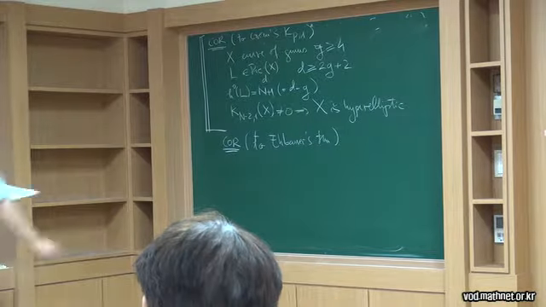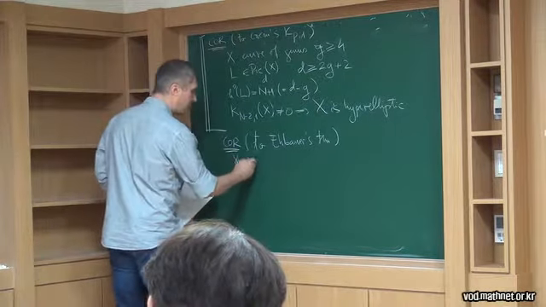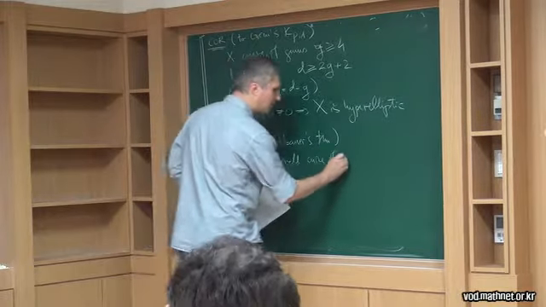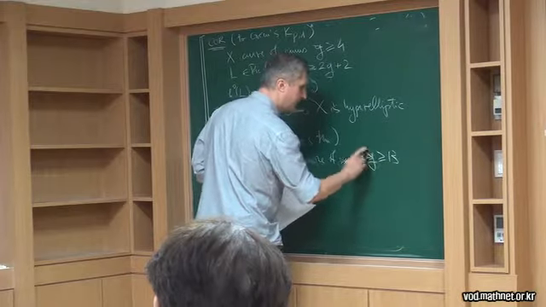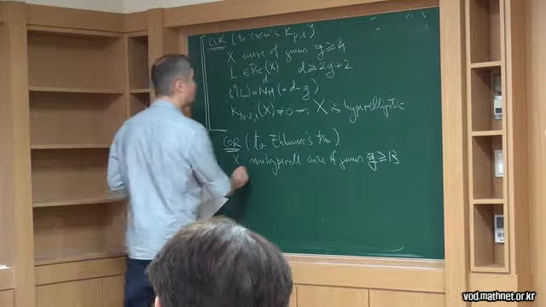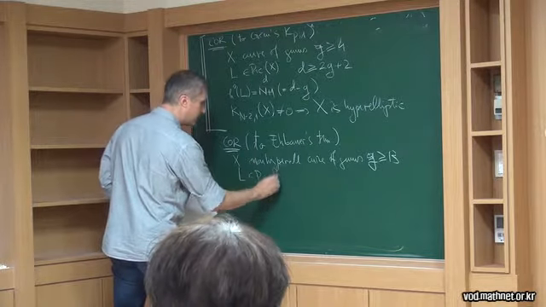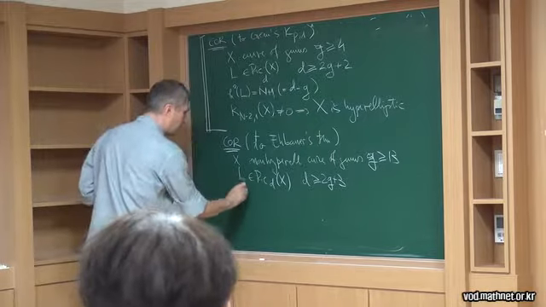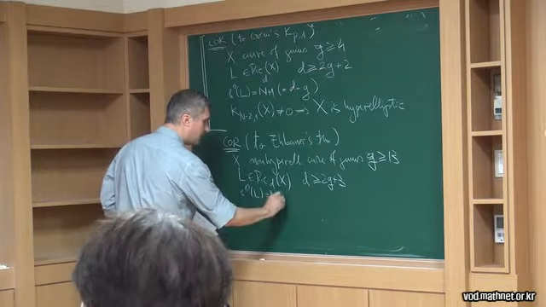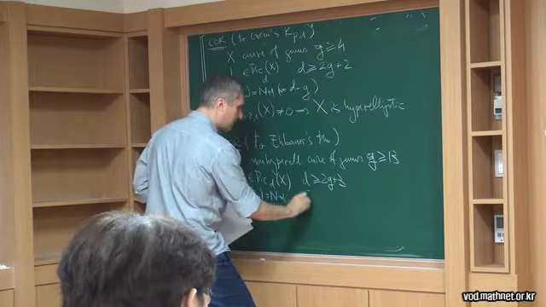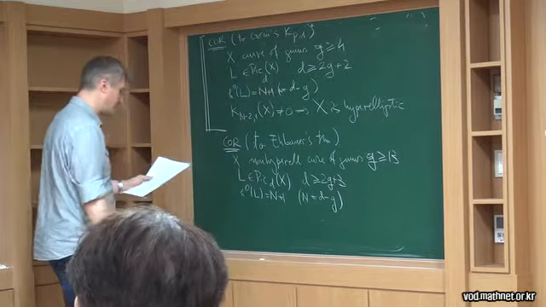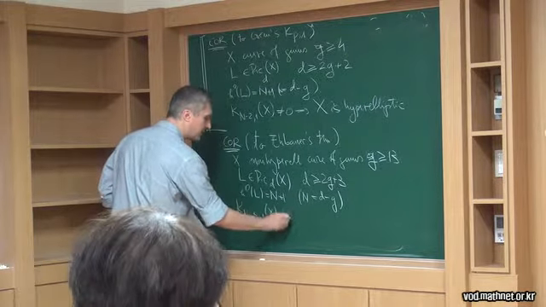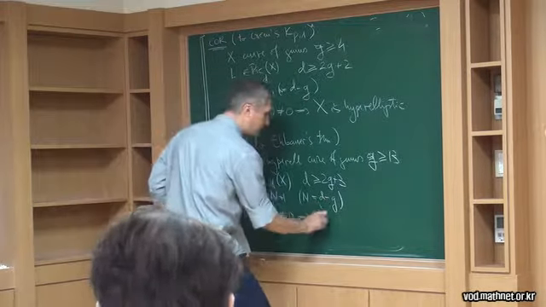So if X is a non-hyperelliptic curve of genus G at least 13, and L in Pic^d of X with degree at least 2G plus 3, h0 of L is n plus 1, n is d minus g, and suppose that K_{n-3,1} of X is different from 0, then X is trigonal.